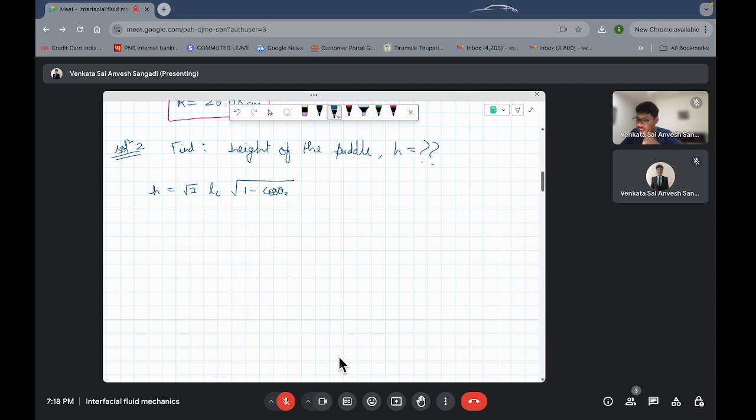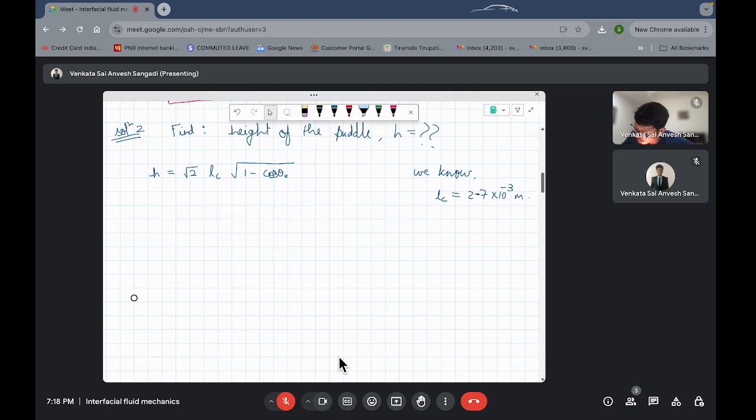We know LC is equal to 2.7 into 10 power minus 3 meter, and theta e is equal to 120 degrees.